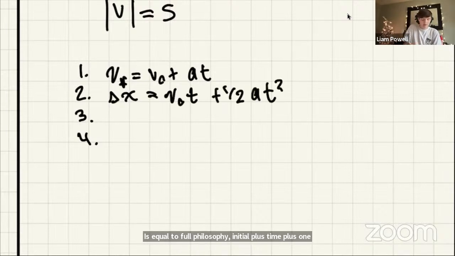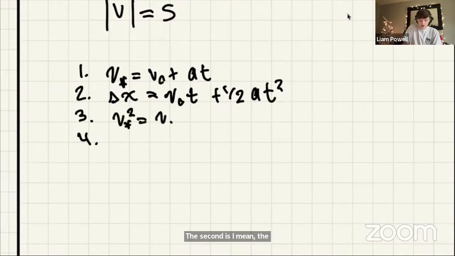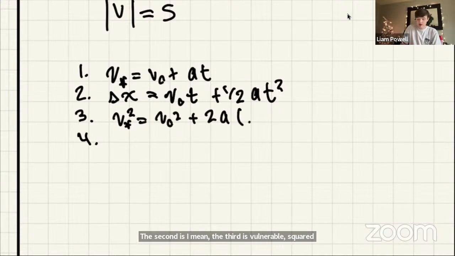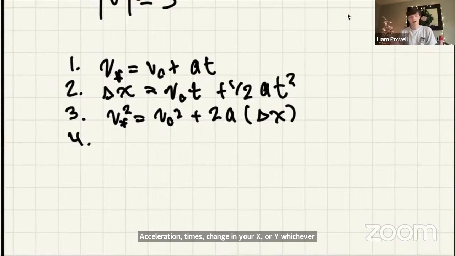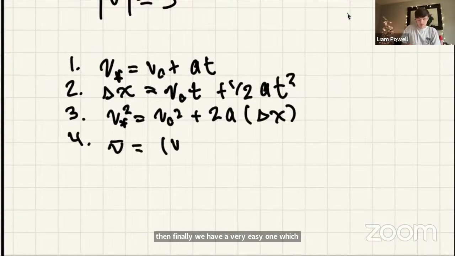The third is velocity final squared is equal to velocity initial squared plus 2 times acceleration times change in your x or y, whichever you're solving for. But remember, if you're solving for x or y, you have to make sure that your velocities are in the x and y direction too. And then finally, we have a very easy one, which is average velocity is equal to velocity final plus velocity initial over 2.